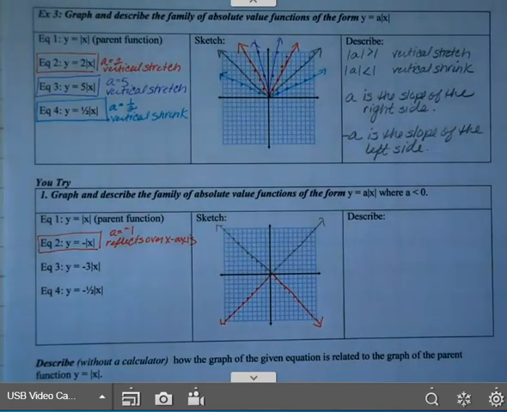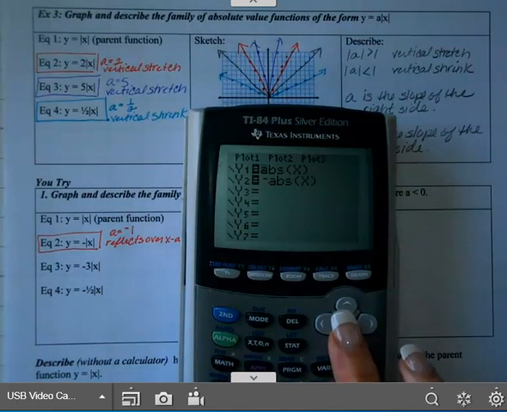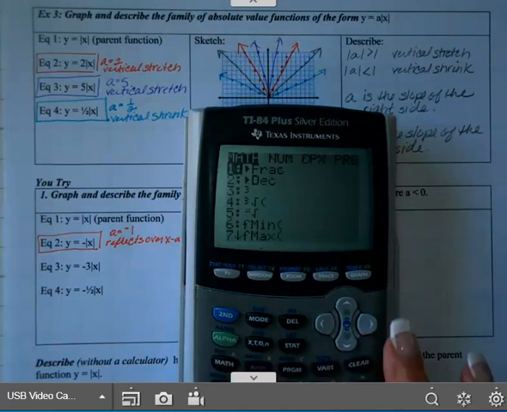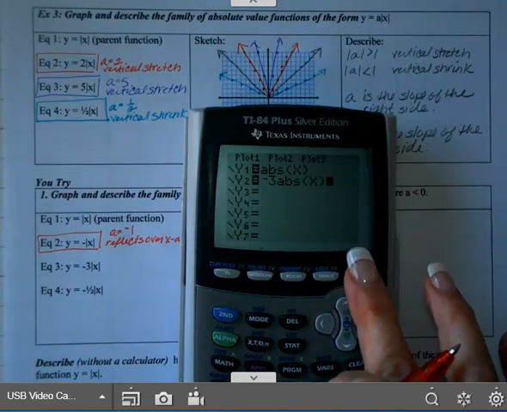Let's graph my next one. I'm going to clear this out. This time I'm going to use -3. Make sure you're using the negative key, not the subtraction key. Then math, over to number, absolute value x, and graph it.